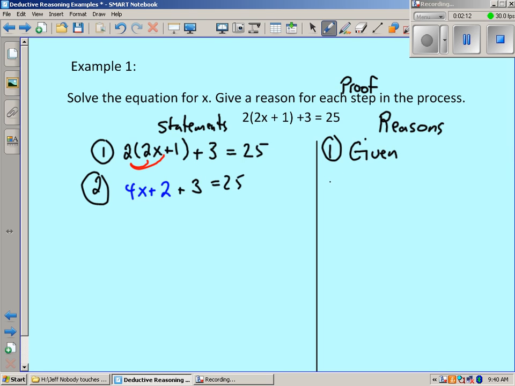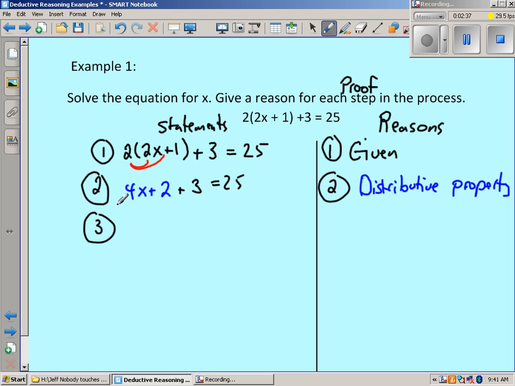My reason for that step is the distributive property. That's what I did. That's the hard part with algebra: you're probably not going to know the terms. I promise you, in geometry, we'll know all the terms and how we do them, because that's what we're learning.